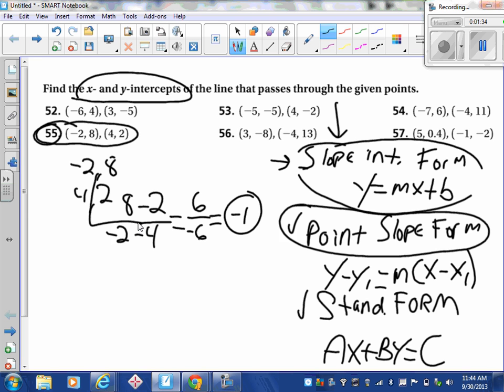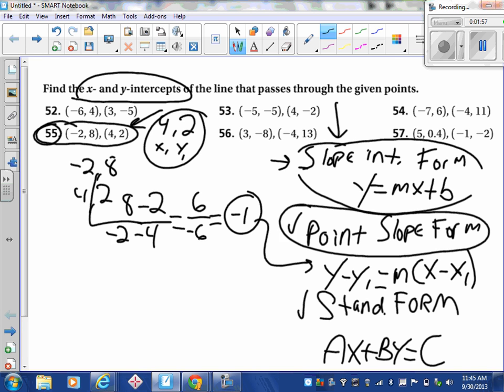To add this to that equation, to get point-slope form, I go back and use one of these 2 points. Since 4, 2 is positive, I would use those, and I would mark it x and y, or x1, y1.